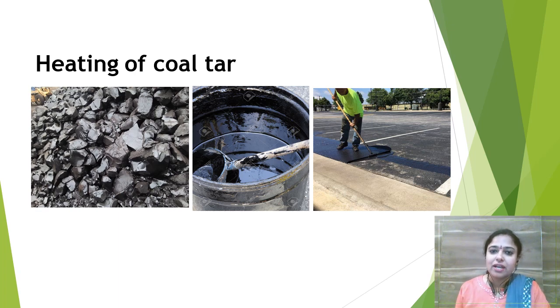Yes, because when the tar in its liquid form is cooled down, it can become a solid again and you can get back the solid coal tar again. So, solid coal tar on heating becomes a liquid and the liquid coal tar on cooling becomes a solid. So, this is again a reversible change.